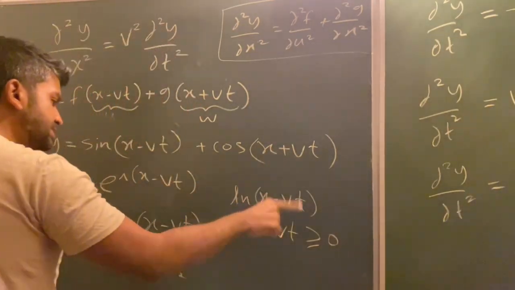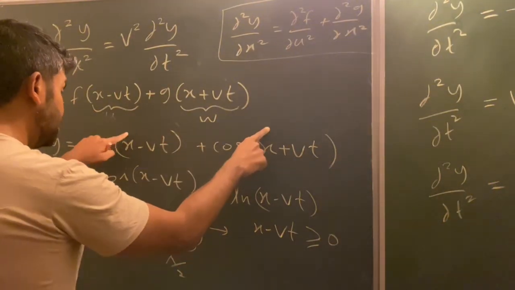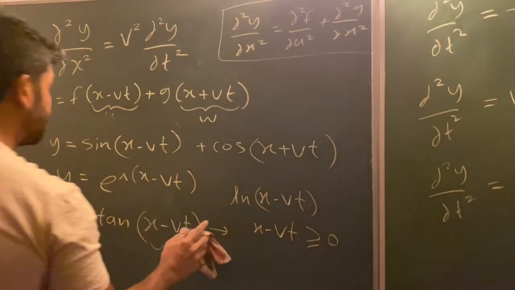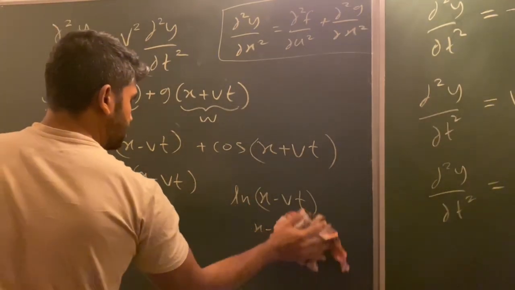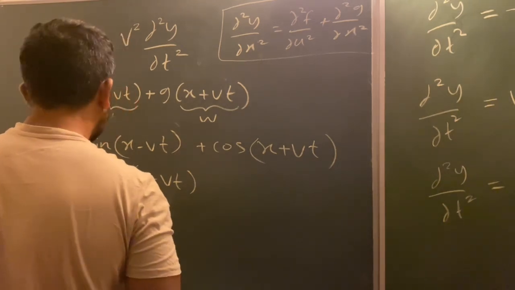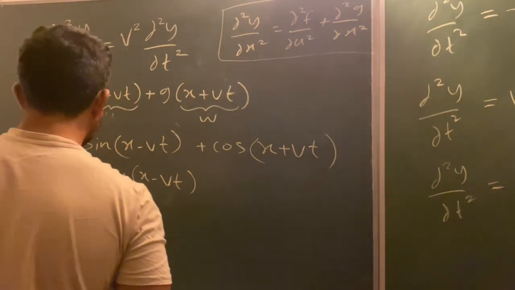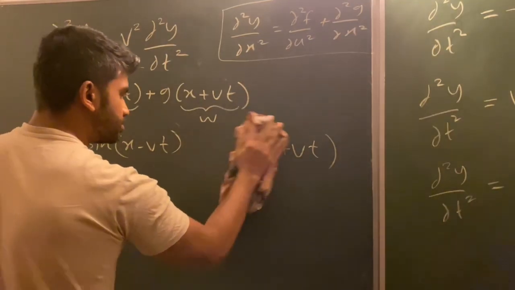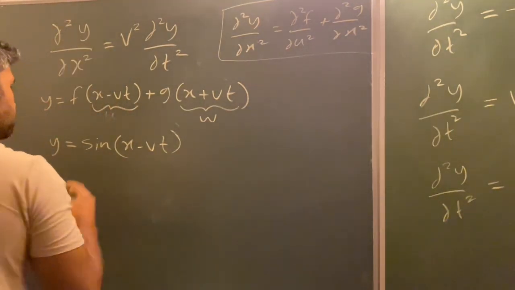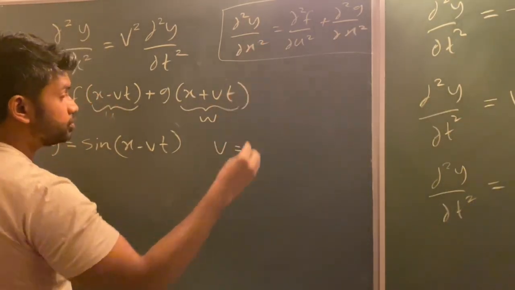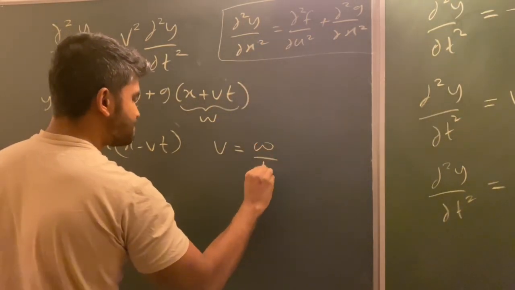We don't use these, but this one and these exponential ones play a very important role, especially the exponential term will play a very important role in quantum mechanics. So I'm going to add some modifications to this one. The simplest one is x minus vt, but we previously proved that v is equal to omega over k, right?